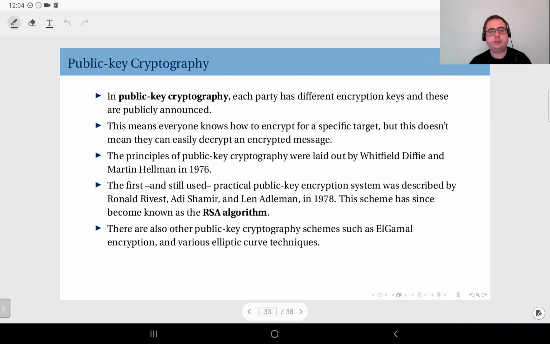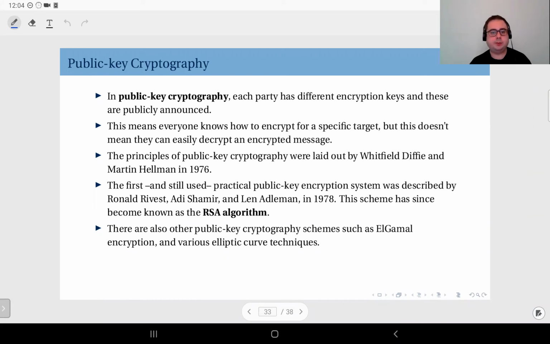So key exchange is an issue in private key cryptography. People have been studying other methods for cryptography, and public key cryptography is an alternative.